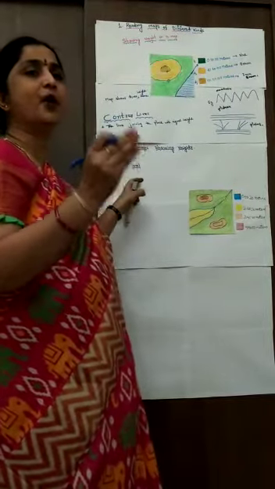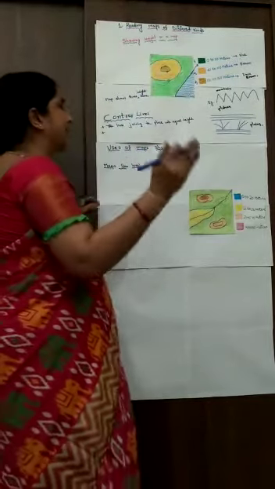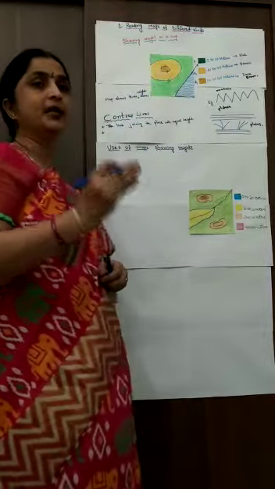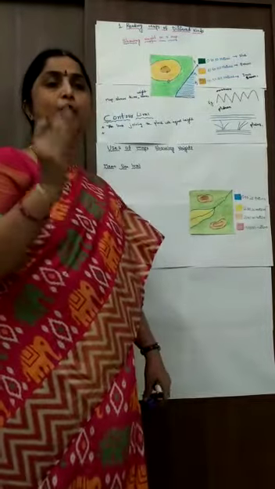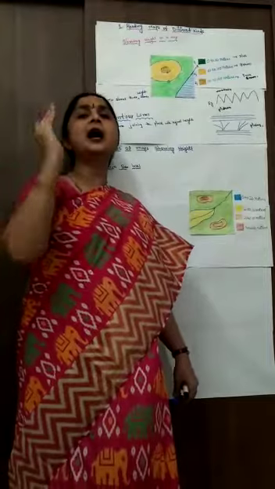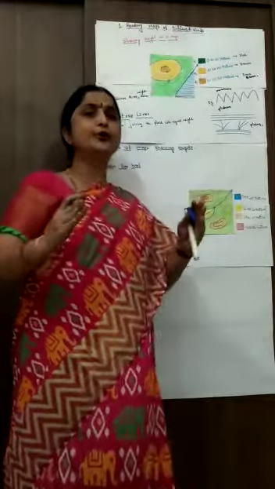Now, water tides are divided into two types: low tides and high tides.